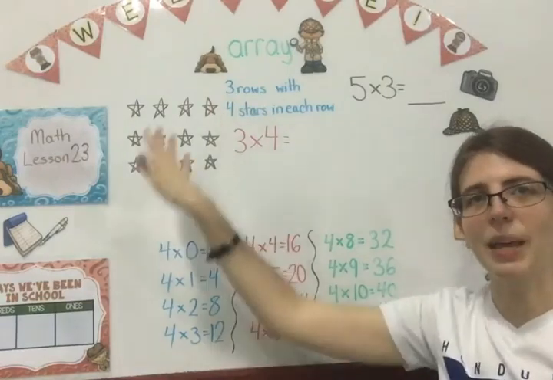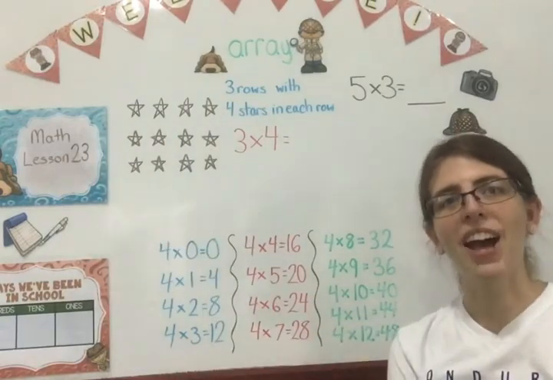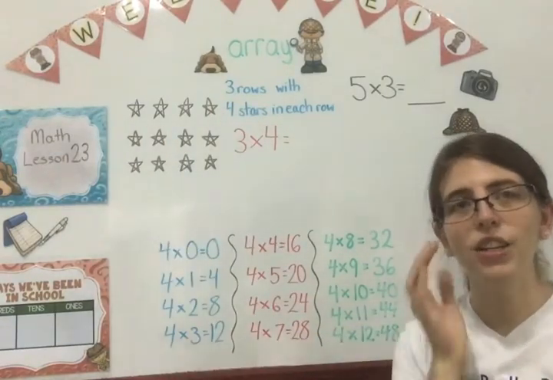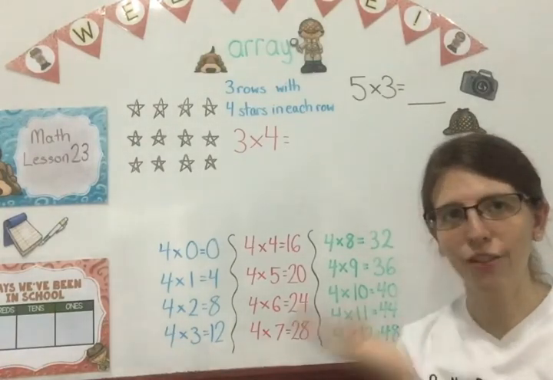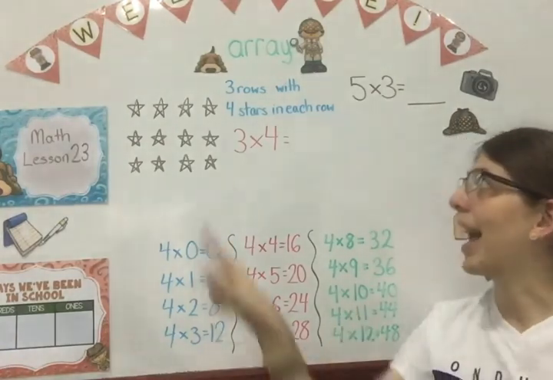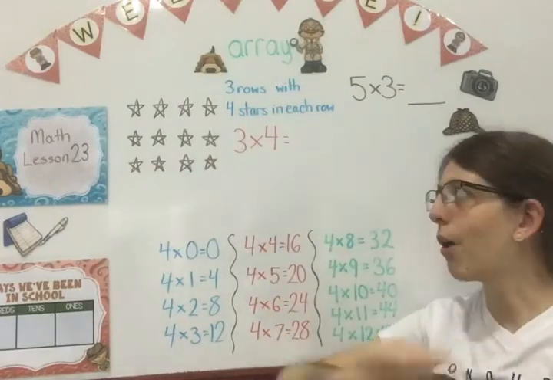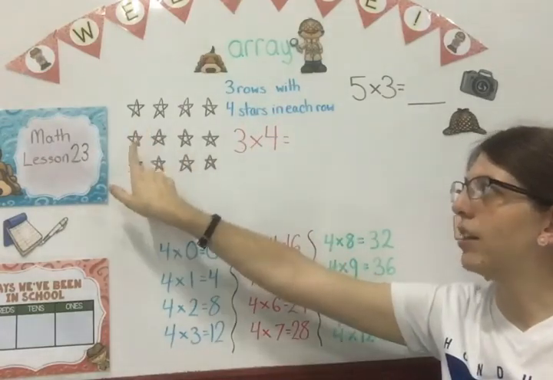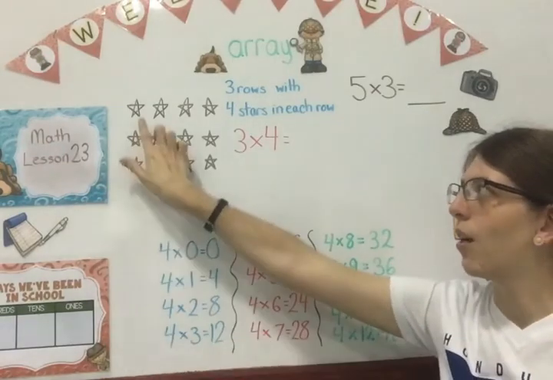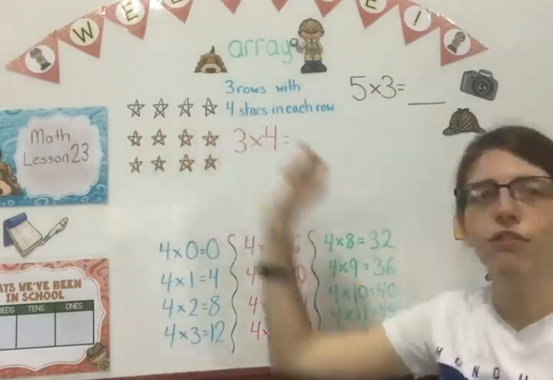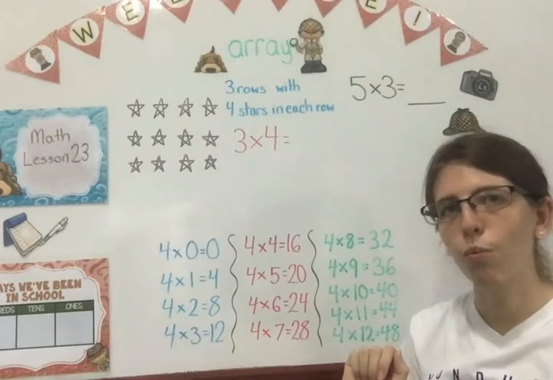So this is an example of an array. It's an array of stars. I can use arrays to show math facts. So in this array, I have 3 rows with 4 stars in each row. Let's count them. 1, 2, 3 rows. 1, 2, 3, 4 stars in each row.